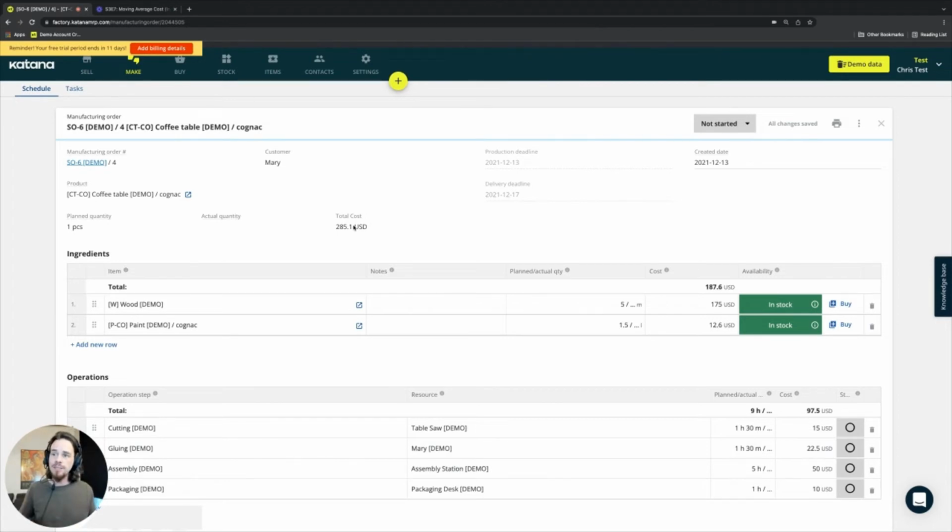Now, in the event that we overconsume, let's say wood, and instead of consuming the planned quantity of 5 meters, we actually consume like 7 meters, then that cost will incur against the original cost we had from before. So it's costing us more in ingredients to actually manufacture this coffee table.